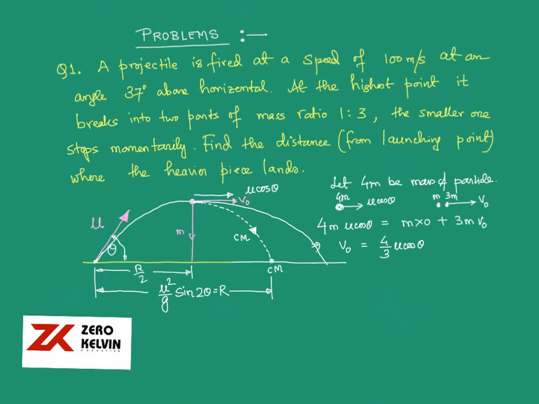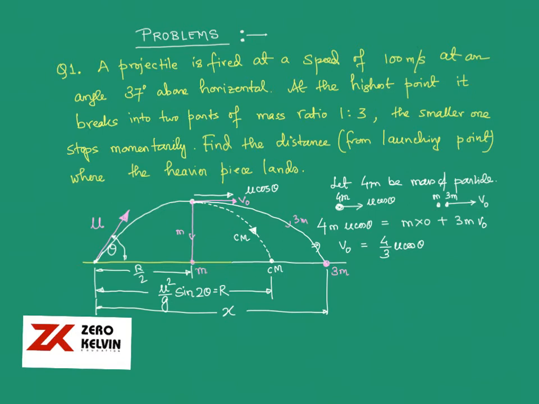Now what about this distance? Let the distance be x. This is path of the mass m, this is path of the center of mass, while this is path of the mass 3m, right? So 3m mass drops here while m mass has dropped here.